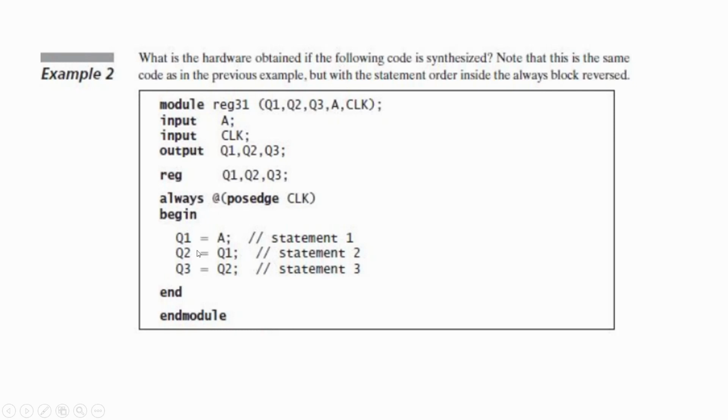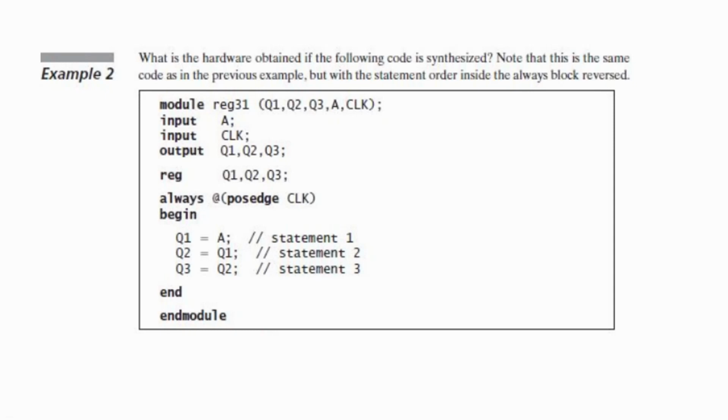What happens here is that when the input A is given to this kind of always block, for a serial input A of 1, Q1 equals 1, and when Q1 equals 1, Q2 = Q1 equals 1.